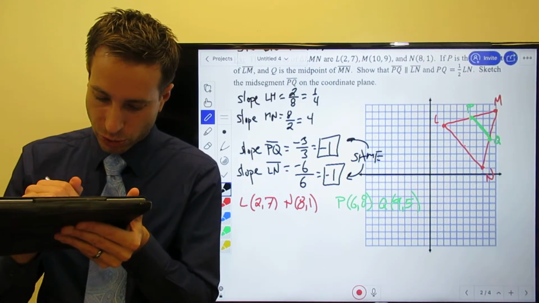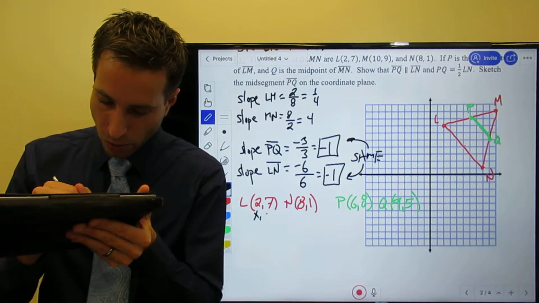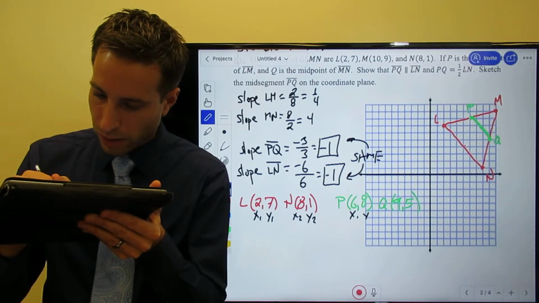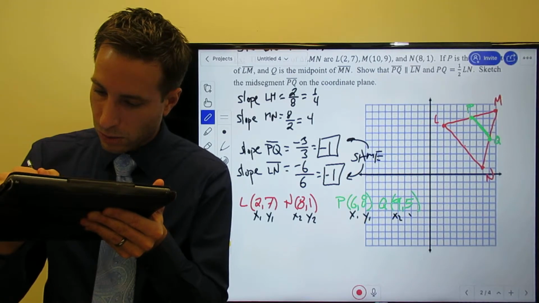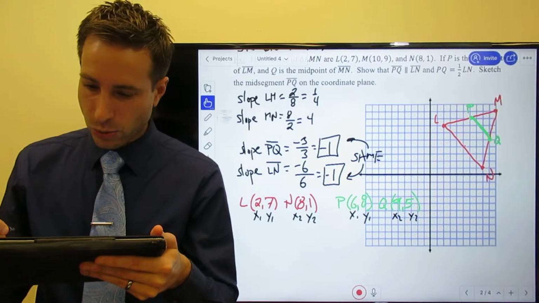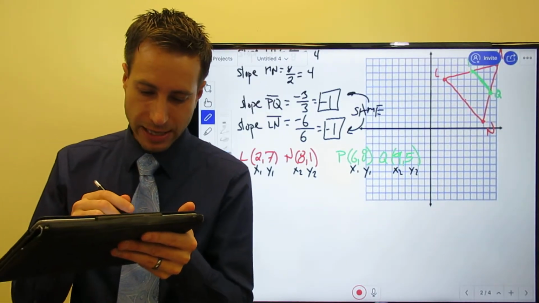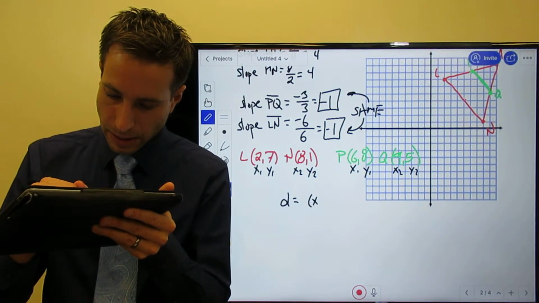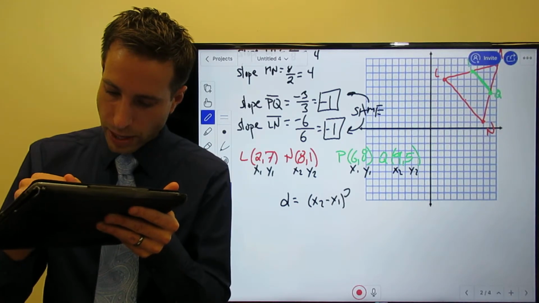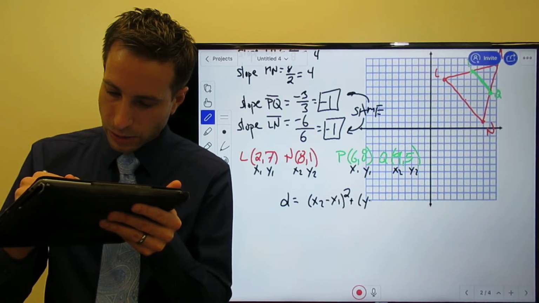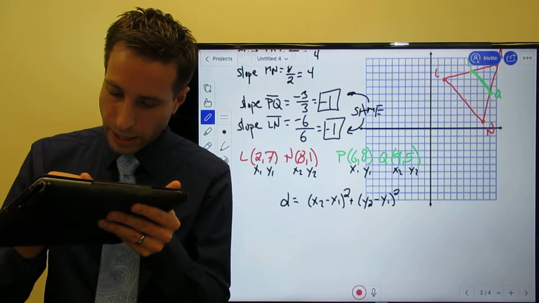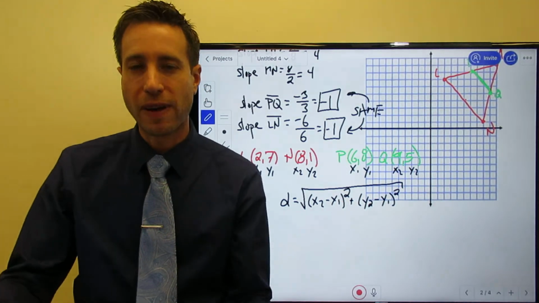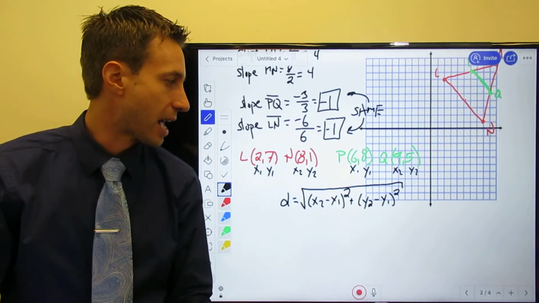In fact, let me go ahead and do that now. x1, y1, x2, y2, which means we're just going to simply plug and chug into the distance formula: x2 minus x1 squared plus y2 minus y1 squared. Make sure you put everything in the right spot. Don't fat finger something on your calculator, and you shouldn't have any issues.